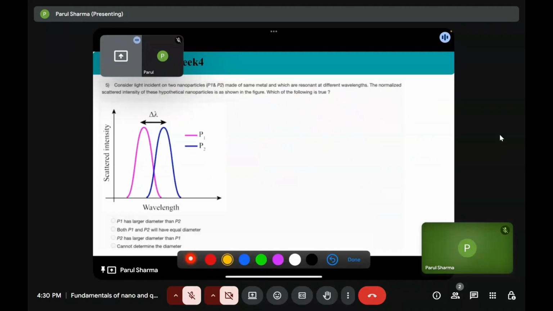Next question: consider two nanoparticles P1 and P2 made of the same metal which are resonant.